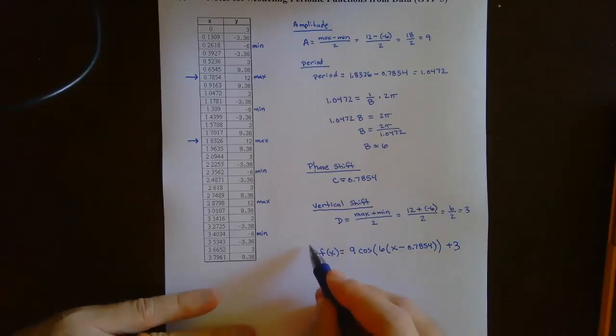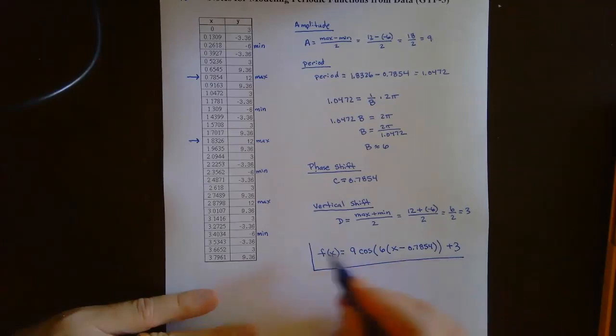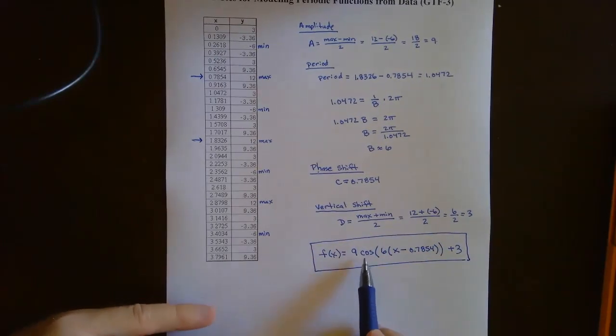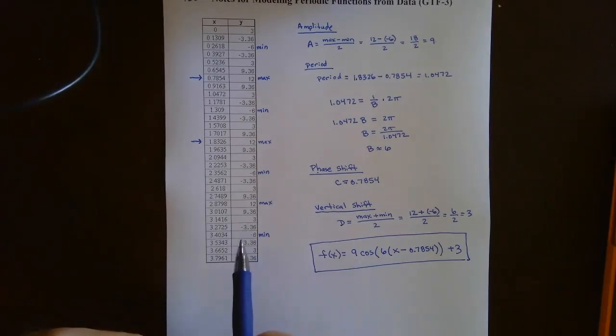And that is our function, okay? Now, I'm going to put this into our calculator, and I'm going to show you that you get these values, or you're going to be really, really close.